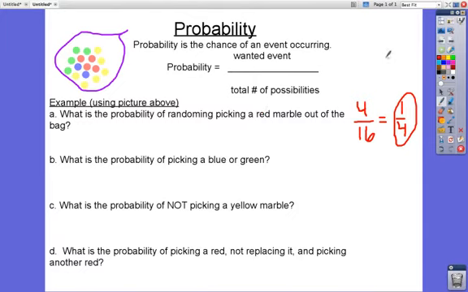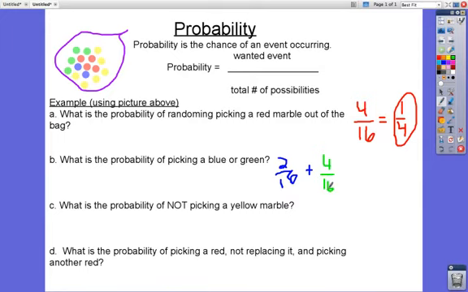In the second part, we want to find the probability of getting a blue or a green. So we are trying to increase our odds by picking one of 2 different colors. What you want to do is take the probability of picking a blue, which is 2 out of 16, and add it to the probability of getting a green, which is 4 out of 16.